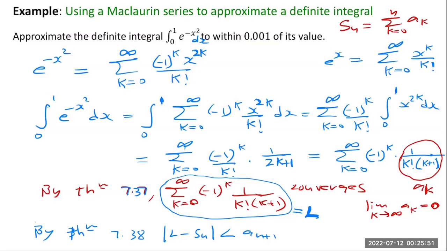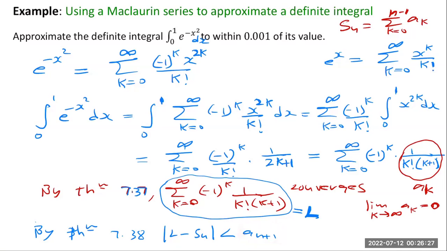Since you actually start at k is equal to 0, this should run up to n minus 1. And if you start at k is equal to 1, it should run all the way up to n. Okay, so that's the n partial sum. What this means is that the n partial sum would be an approximation for L. The absolute value of L minus Sn is always less than An plus 1. That means Sn is an approximation to L within An plus 1.